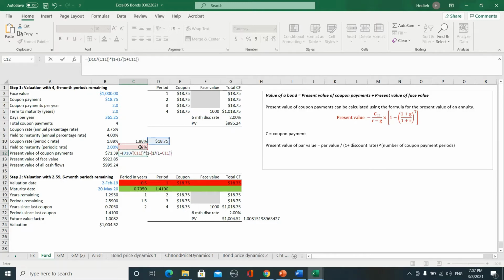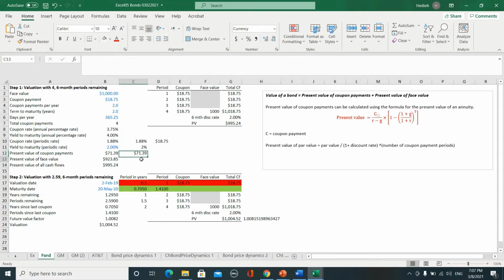Close it and raise it to the power of the number of periods that you have. You receive coupon payments for 4 periods, so to the power of 4. Close the parentheses and click enter. So you can see the present value of all of your coupon payments is 75 and 39 cents.